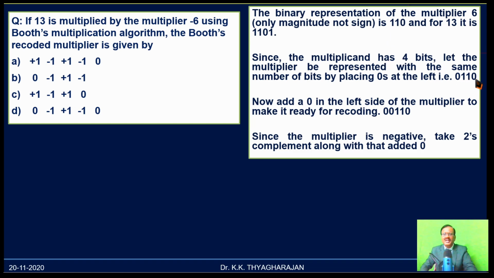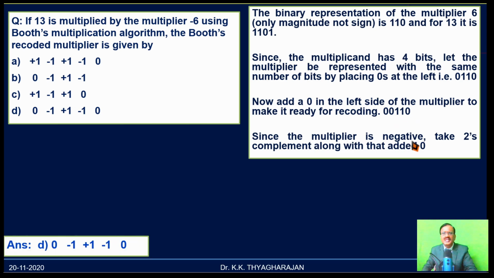Now the multiplier has 4 bits and the multiplicand is also having 4 bits. Now to find out the recoded value for this 4 bits multiplier, you add a 0 in the left side. So it will become 0, 0, 1, 1, 0.